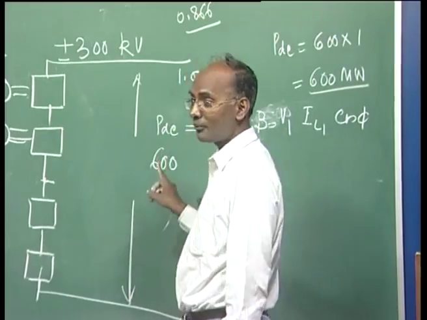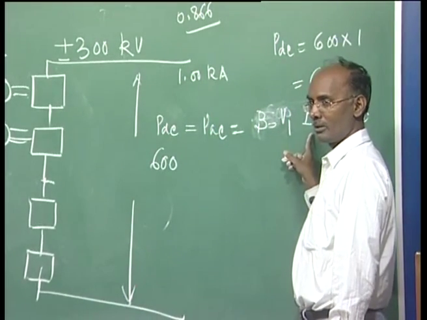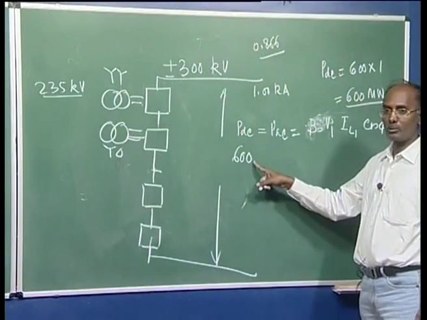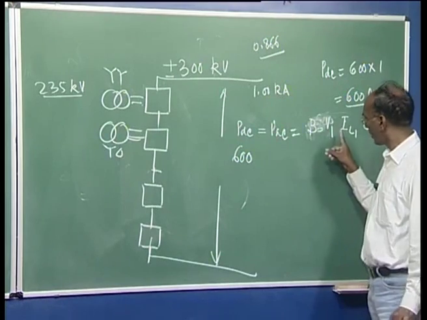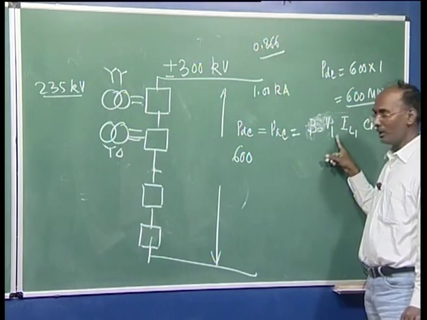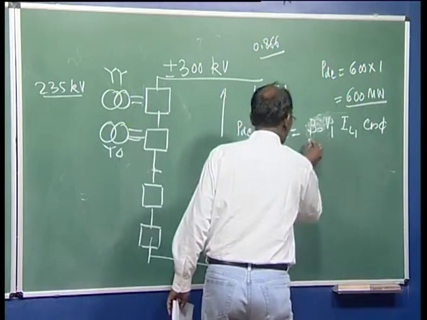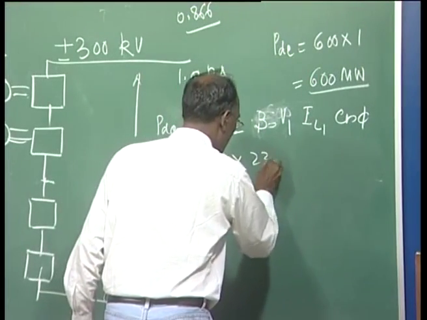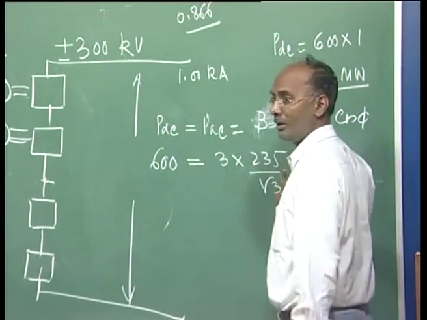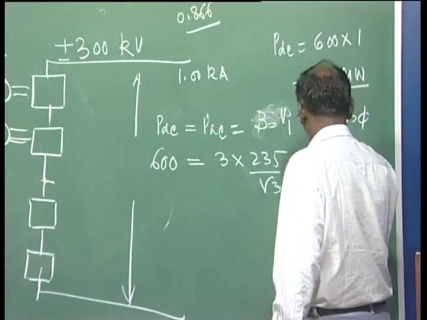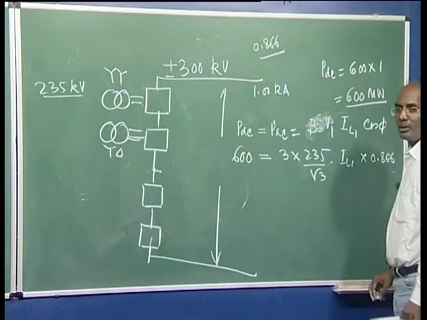Always be very careful about the megawatt: now this should be in kilo, and this should be in kilo, then kilo times kilo will be megawatt, and we are not going to multiply it by 10 power 6. Otherwise, we have to put 10 power 6 here and 10 power 3 there, and we get the same value. So, this is equal to 3, times 235 divided by root 3 in kV, into your IL1, and your cos phi is given as 0.886.